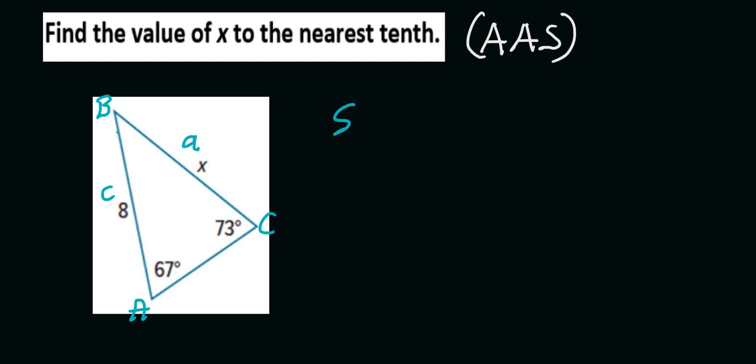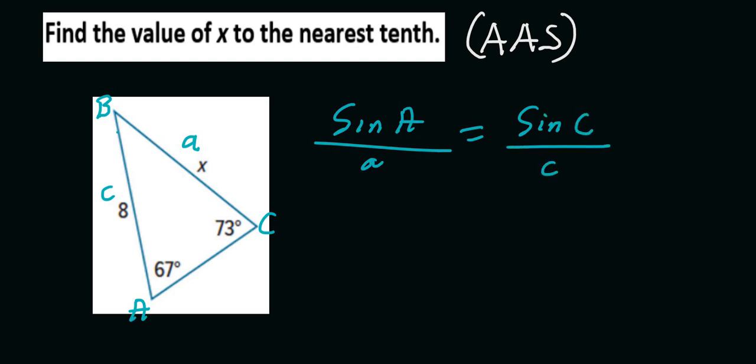So sine A over lowercase a equals sine C over lowercase c. So sine A will be sine 67.